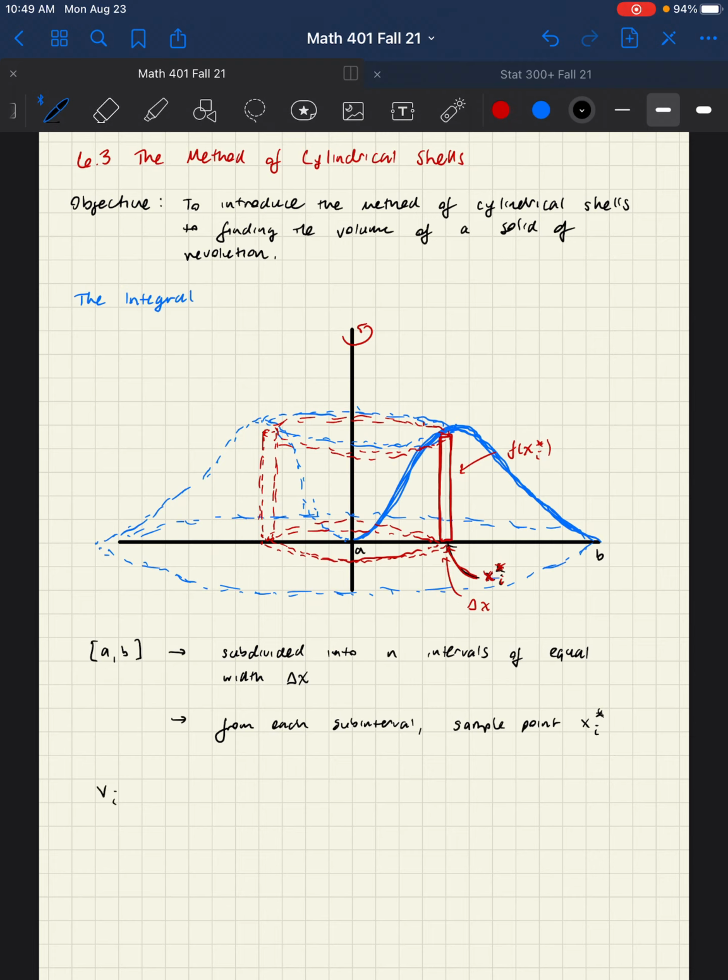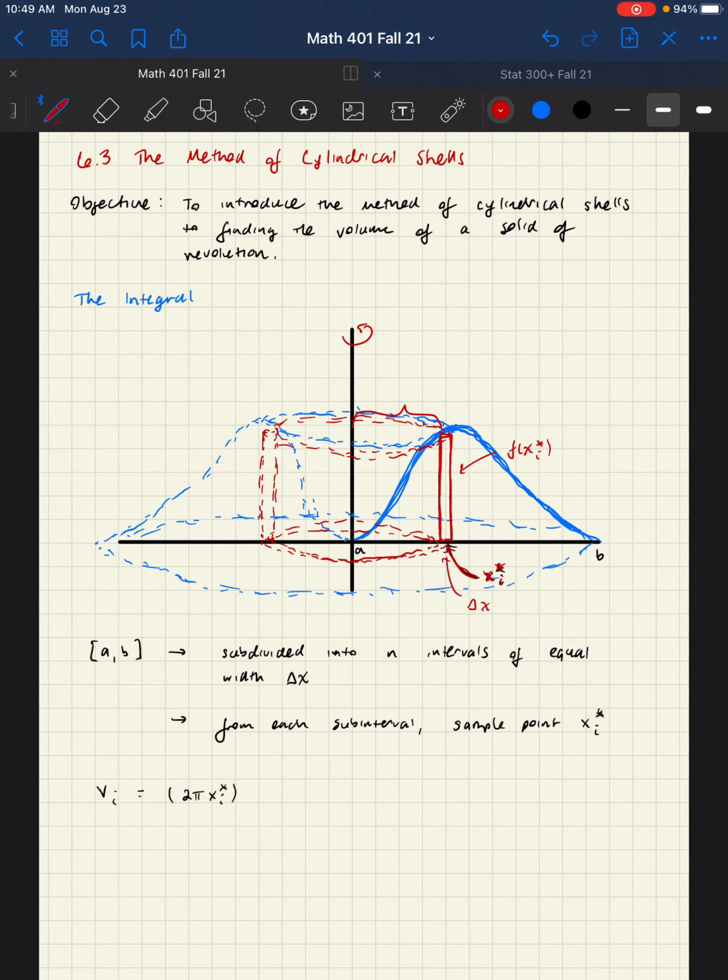The volume of this infinitesimal shell, v sub i, is, think about this rectangle being swept out, meaning we're going to rotate it and give it a full 2 pi rotation, and it's going to end up being 2 pi times x sub i star.